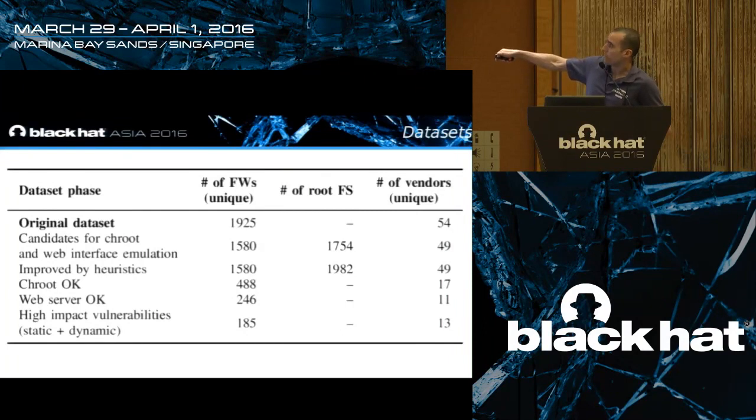And as I mentioned, sometimes we need to fix or prepare the file system, and that's why we go from 1,500 back to almost 2,000 file systems. We have 1,500 different firmware images, but we end up with around 2,000 file systems because there are multiple versions of etc: etc, etc read-only, or etc factory default.